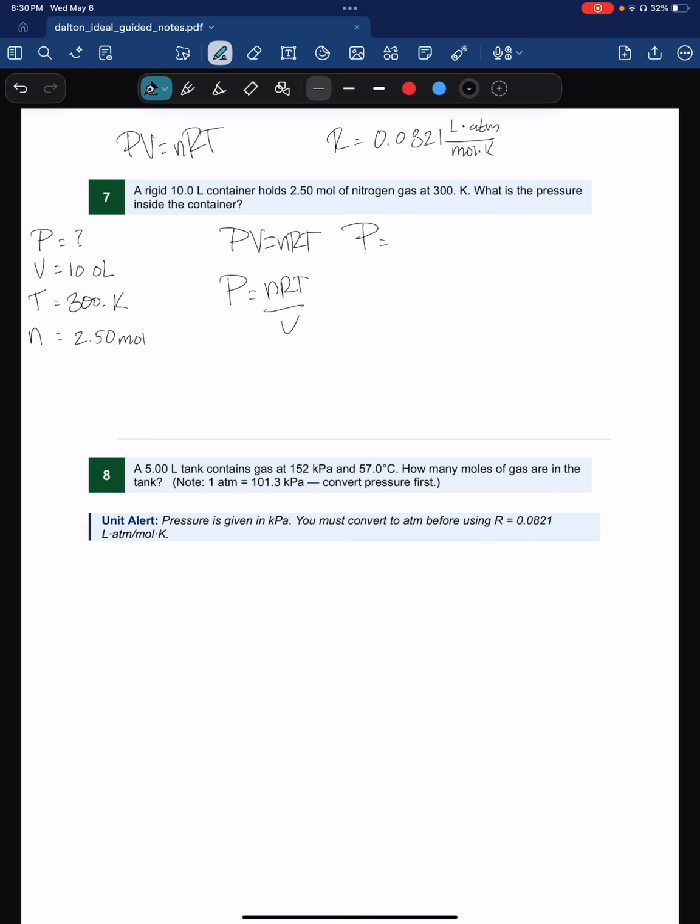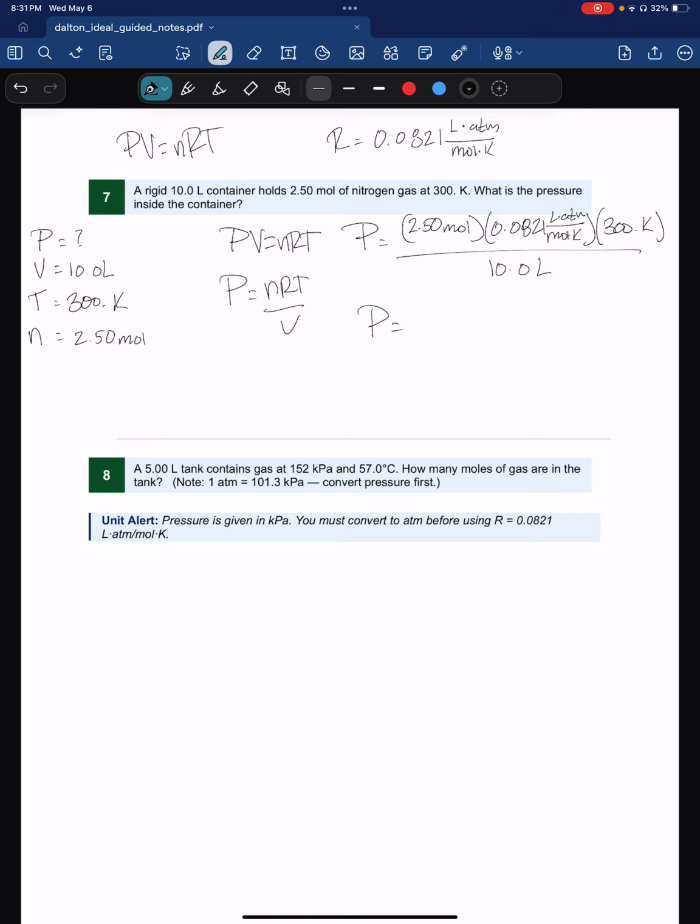P is equal to the number of moles we have, 2.50 moles, times our gas constant, 0.0821 liter atmospheres per mole Kelvin, times our temperature, which is 300 Kelvin, over our volume, which is 10.0 liters.